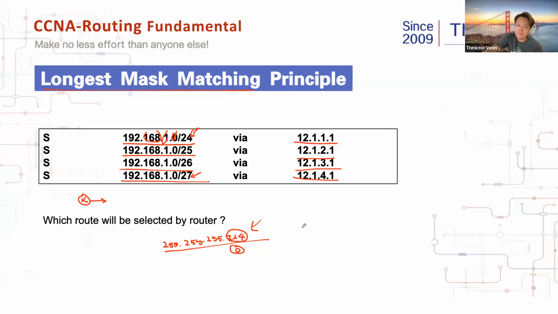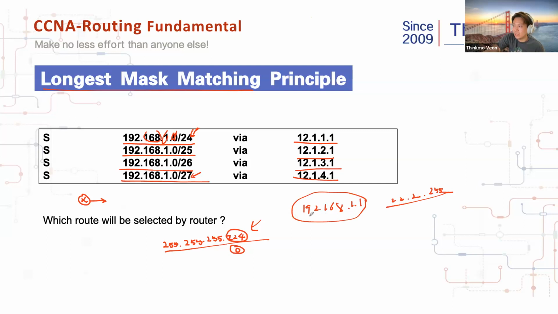For example, you have a route to the host IP 192.168.1.1 with the subnet mask 255.255.255.255, which is the host route.